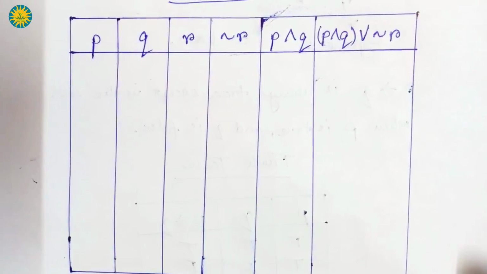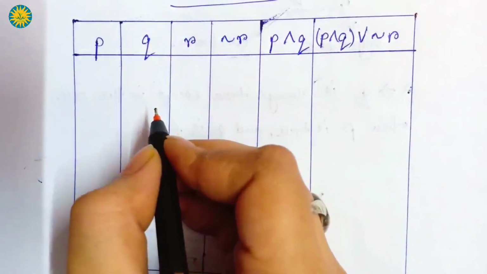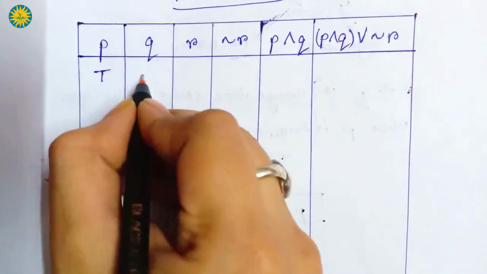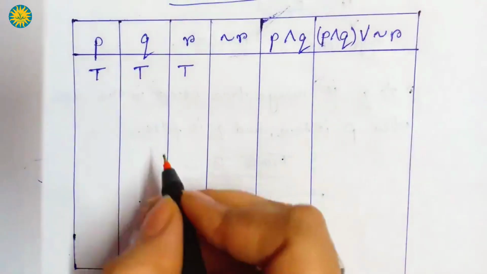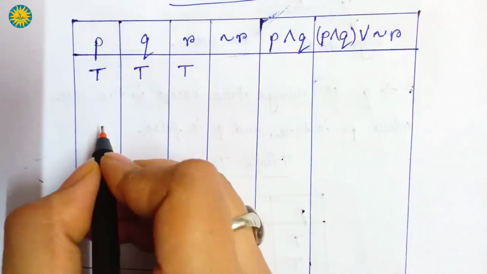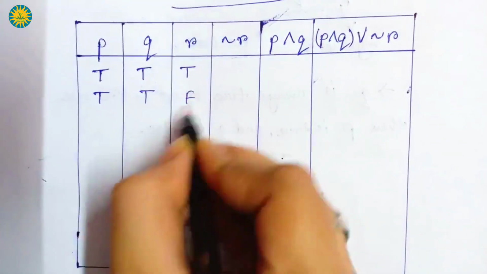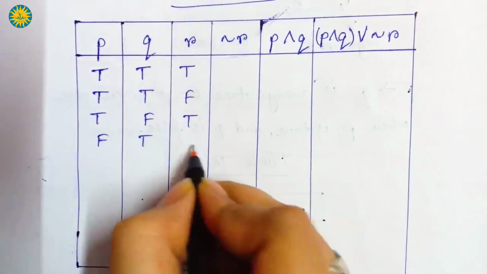So first we will write all the possible outcomes under P, Q and R. The first case is when 3 of them are true. Then when one of them is false, then true, true, false; true, false, true; false, true, true.